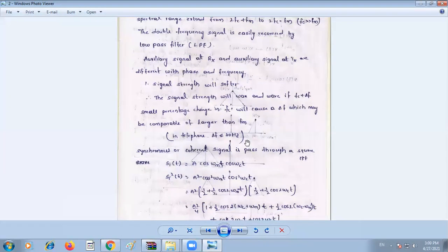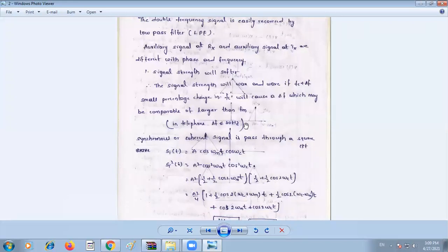In frequency translation, there are two limitations. One is phase distortion, and another is frequency deviation. What is phase distortion and what is frequency deviation? Consider the cos omega ct translated signal at the transmitting end and the recovered cos omega ct at the receiving end.